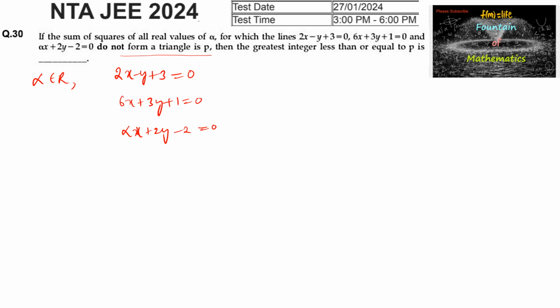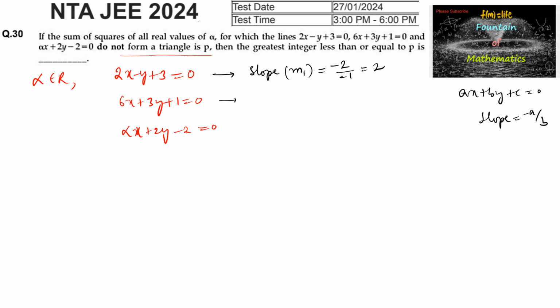So here, for the first line equation, let us take the slope m1 is equal to minus 2 upon minus 1, which is equal to 2. Since we know that for the line equation ax plus by plus c is equal to 0, slope is minus a by b.